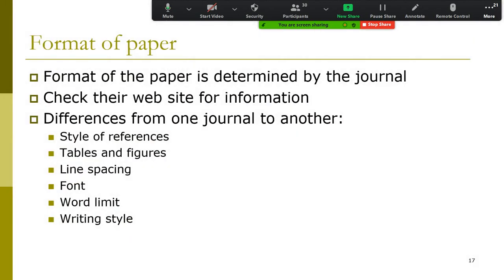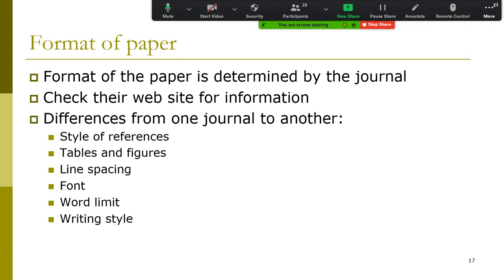Format of the paper. You can see the format on the journal's website. There will be guidelines for authors. First of all, see the website for format. You can find differences from one journal to another in these things: style of references, tables and figures, line spacing, font name, font size, word limit of the article, writing style.